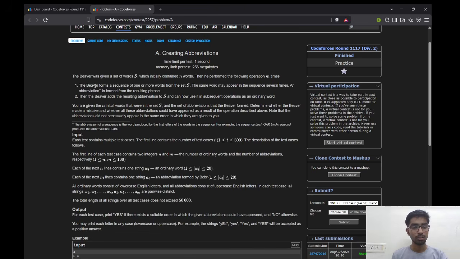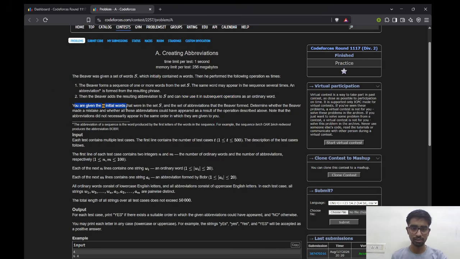The beaver forms a sequence of one or more words from the set S. The same words may appear in the sequence several times, and an abbreviation is formed from the resulting phrase. Then the beaver adds the resulting abbreviation to S and can use it in subsequent operations as an ordinary word.